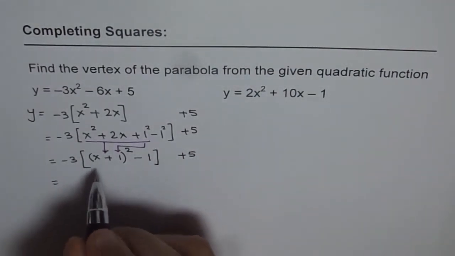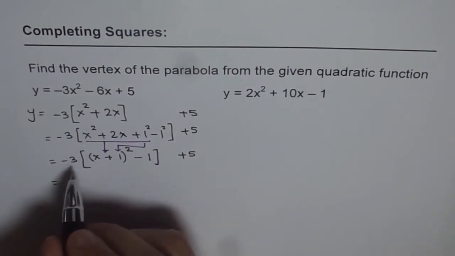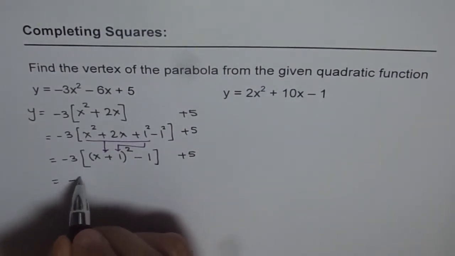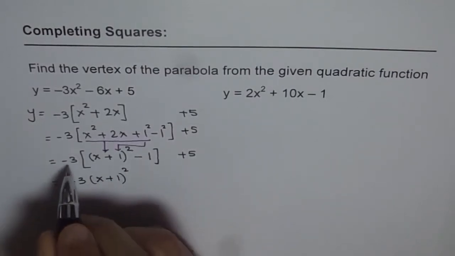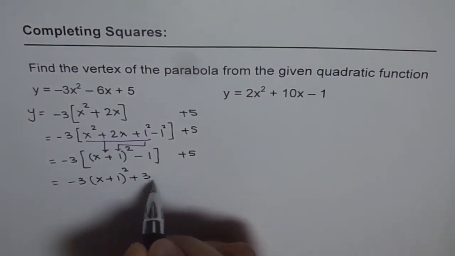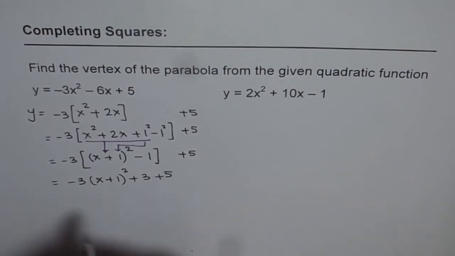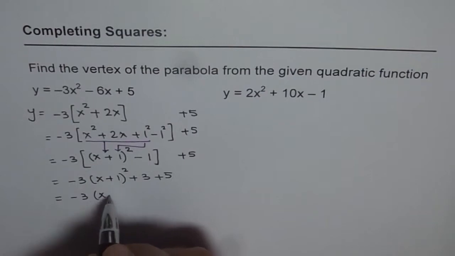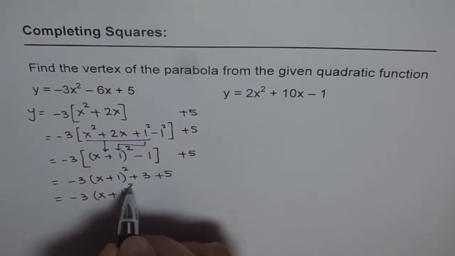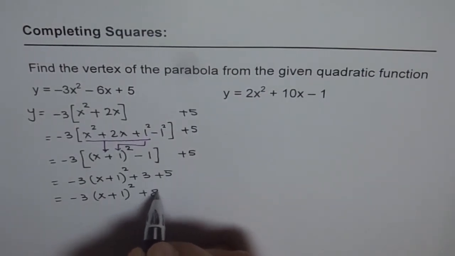Now we need to open the brackets, right? Perform the distributive property. We get -(x + 3)² + 9 + 5. And we can add these terms together and write down the final answer, which is -(x + 3)² + 14, right?